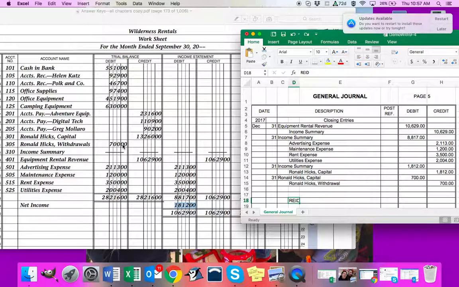So what we're going to do here is debit capital, because it has a negative effect since it's money coming out of the business, and capital increases on a credit. So we're going to debit capital and then credit withdrawals to decrease them. Okay? If you have any questions, let me know.